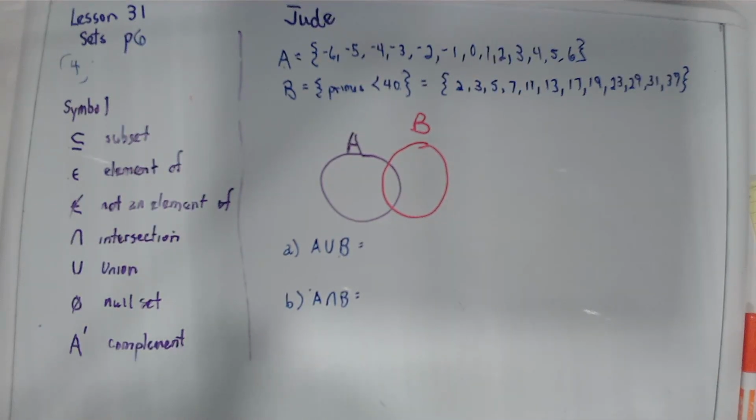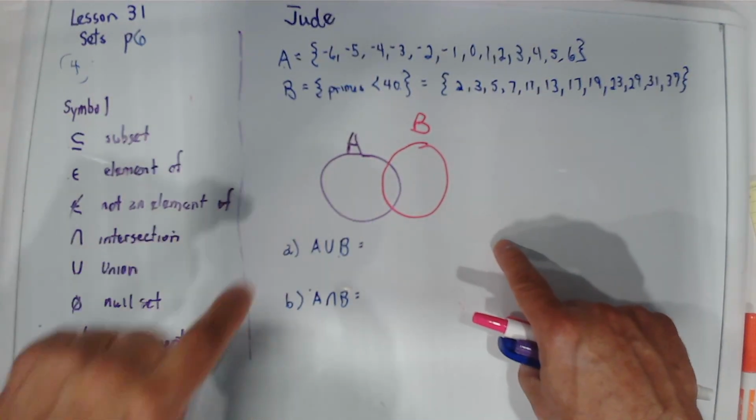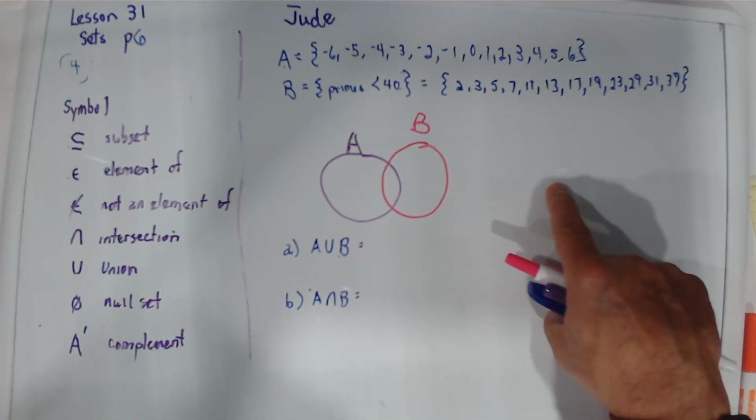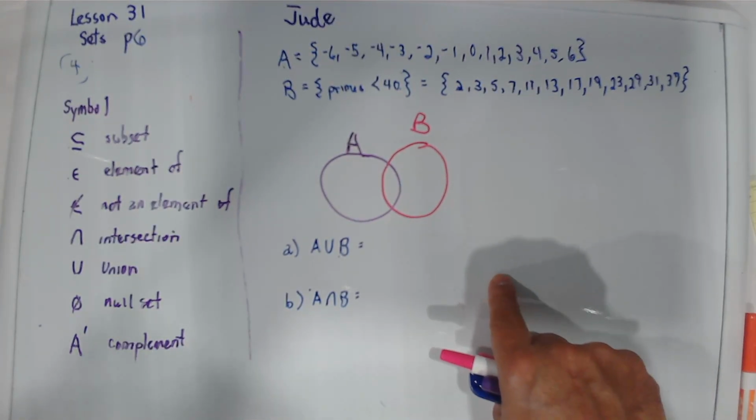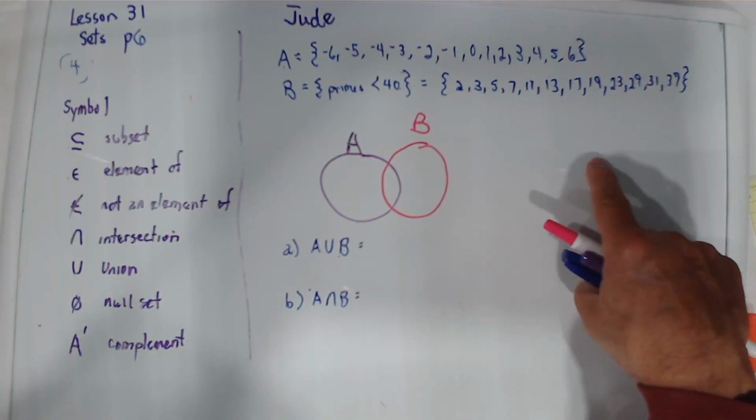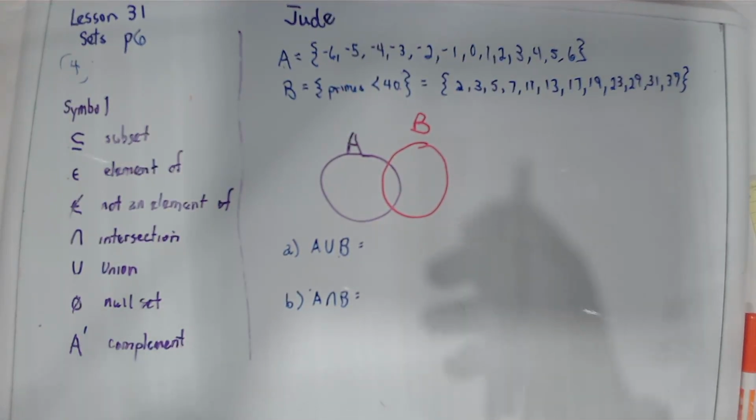It's saying, complete the Venn diagram for the following set. So we're going to have A and we're going to have B, all the prime numbers. So if we were going to draw this out, we would go ahead and put everything in there. And we'll do that right now. Let me show you what that's going to look like.